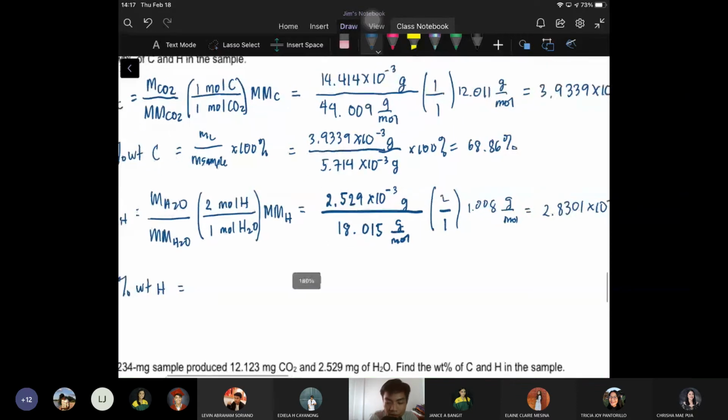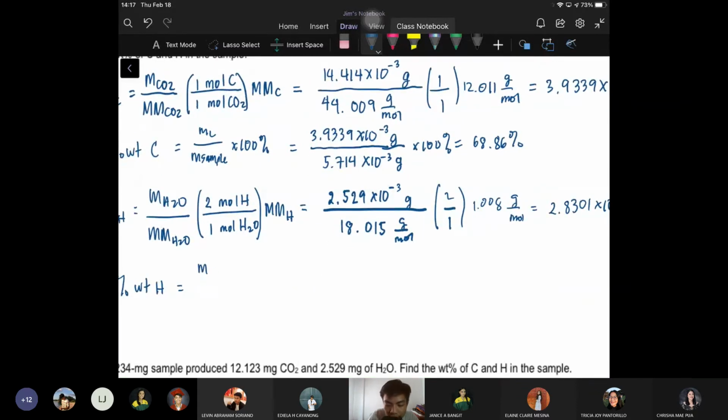To get the percent weight of hydrogen, that will be the mass of hydrogen over mass ng sample times 100. So that will be 2.8301 times 10 raised to negative 4 grams divided by, nakakapagod magsulat na.